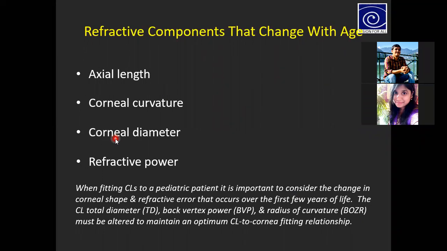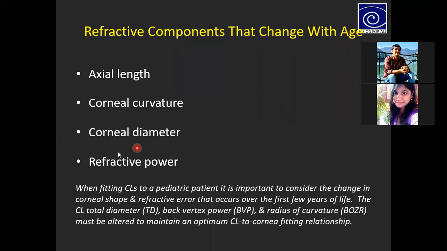Similarly, the corneal diameter is also less. A baby between 0 to 6 months would have a corneal diameter of 10 or 11 mm. And by the age of 2 to 4 years, the diameter reaches the adult level, that is about 11.5 or 12 mm.